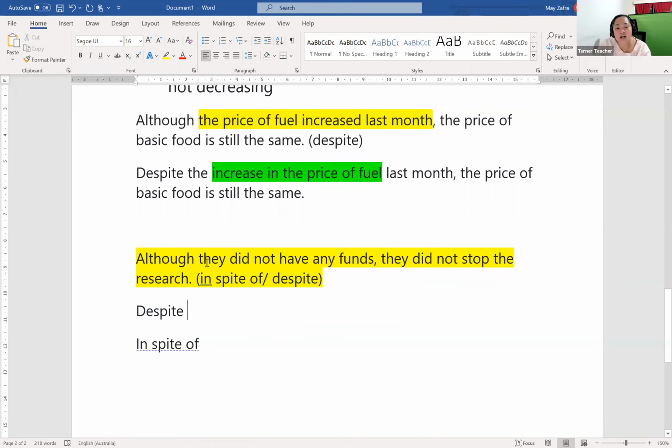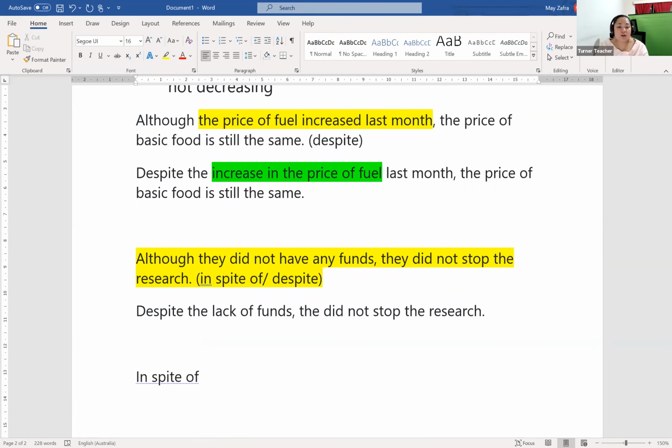So you have to think of a word that means not enough, not have, but a noun. So what are some of the words that mean like that? So despite the lack of funds, they did not stop the research. You only have to worry about the first one.